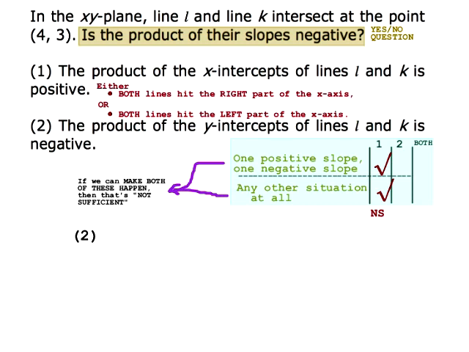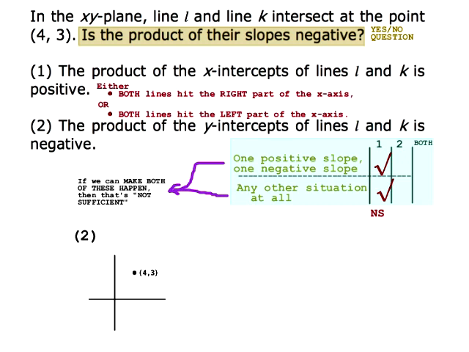Same sort of thing, but now the product of the y-intercepts is negative. So we have to have one y-intercept that's positive and one y-intercept that's negative, according to the statement.